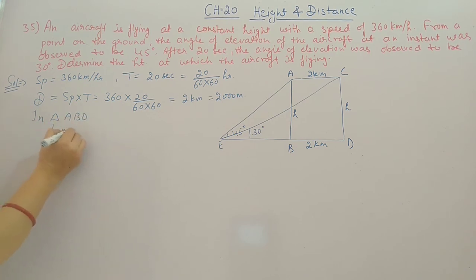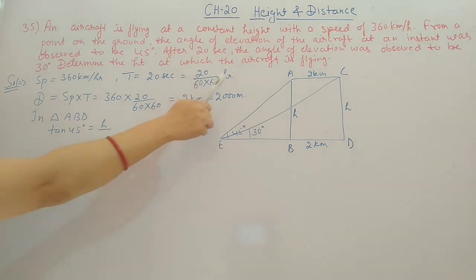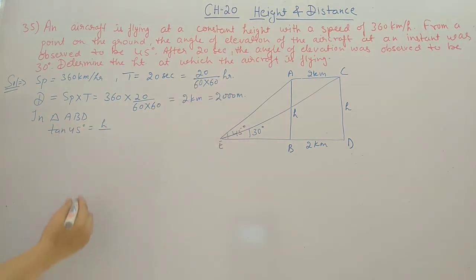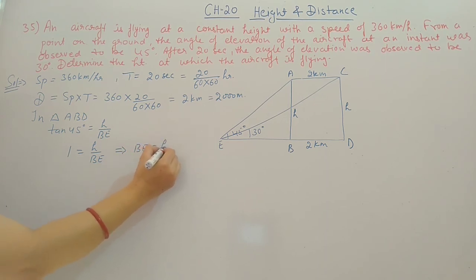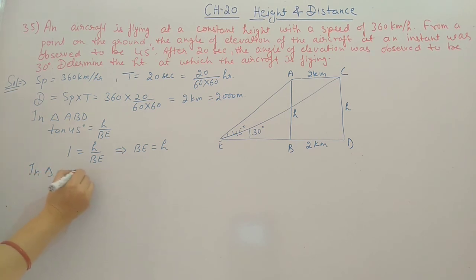tan 45 is equal to height by base. So height at which this aircraft is flying we have taken as h and base is BE. Value of tan 45 is 1. 1 is equal to h by BE. We can write BE is equal to h. Now second triangle, in triangle CDE, tan 30 is equal to height by base.